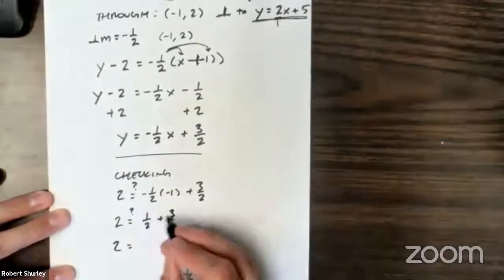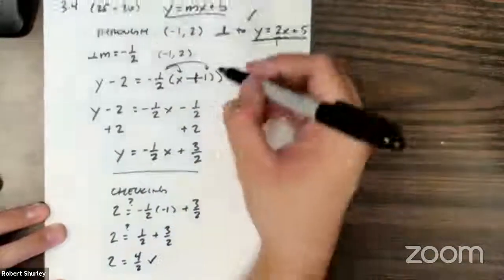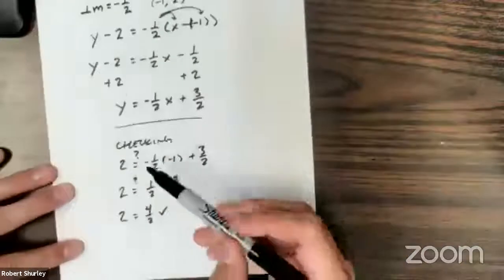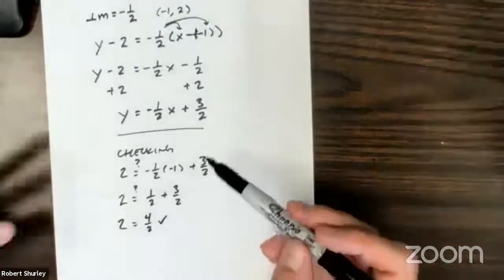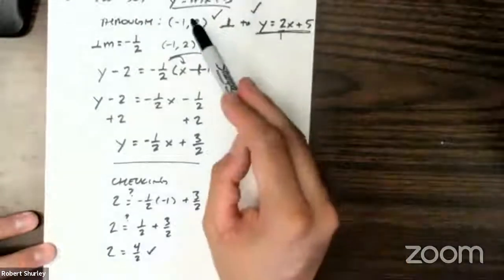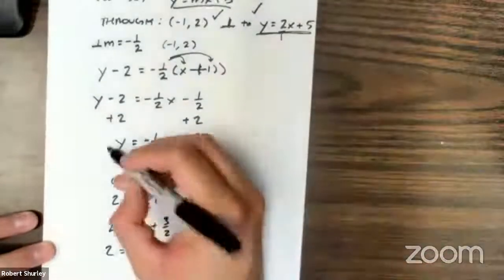Remember, common denominator, add the numerators. This is 4/2. That checks out, right? It does go through (-1, 2) because of what we learned how to do in section 3.1 on whether a coordinate is a solution to a line. Yes, it is.